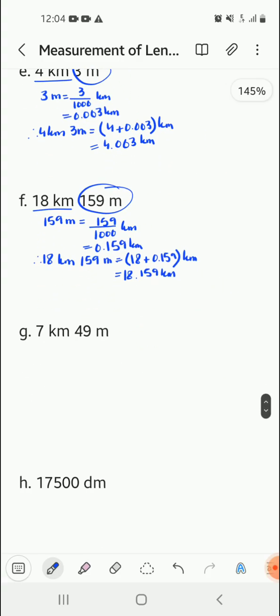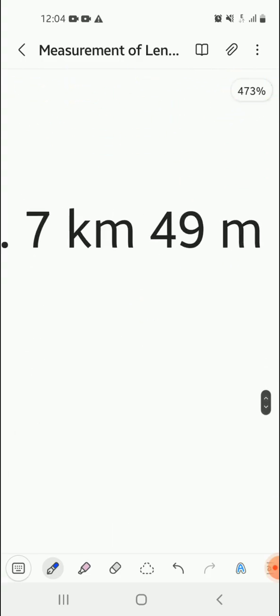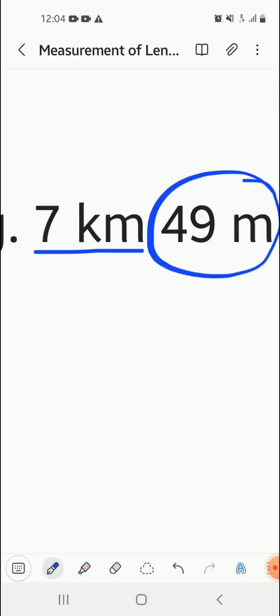Moving on to the next question, 7 kilometer 49 meter. Again, this is kilometer already, so we only have to convert this 49 meter.